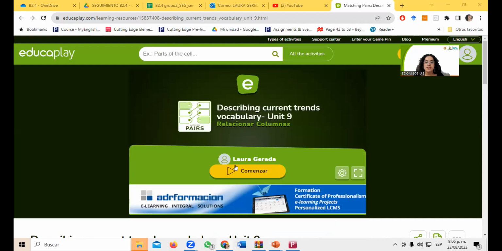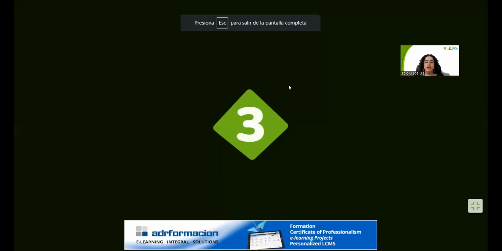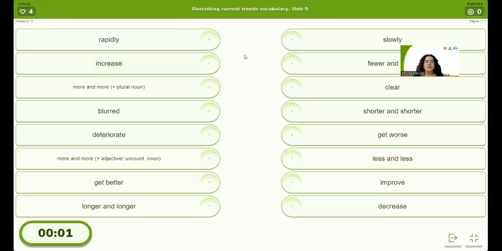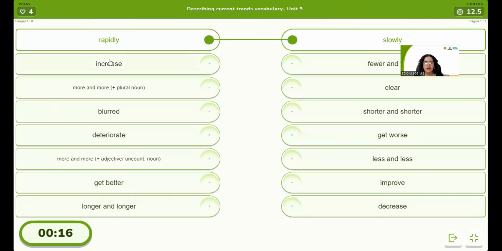All right, so this is the first activity. You have to match the columns. You will get 4 opportunities, so you have 4 lives. You need to match the opposite words. So rapidly, you have to find the opposite word, okay? In this case is Owen. Okay, so you continue with the others.